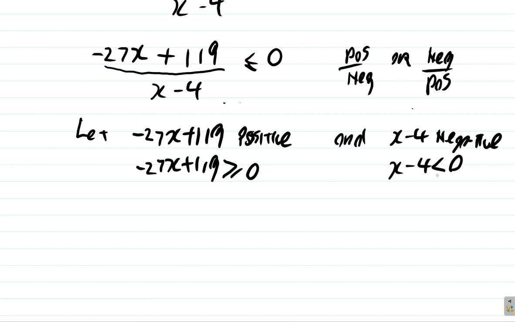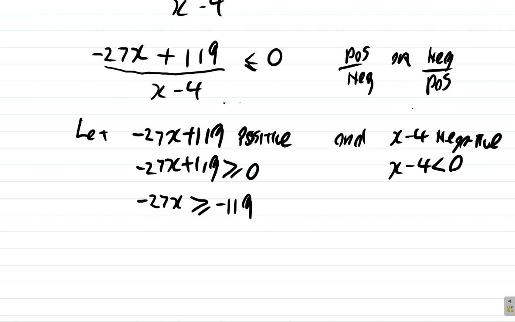I can't put a less than or equal to sign here because it cannot be equal to 0. Why? This cannot be 0. We cannot divide by 0, so we have to say less than 0. We cannot put a less than or equal to 0. Alright, what would happen here? Negative 27x will be greater than or equal to negative 119.